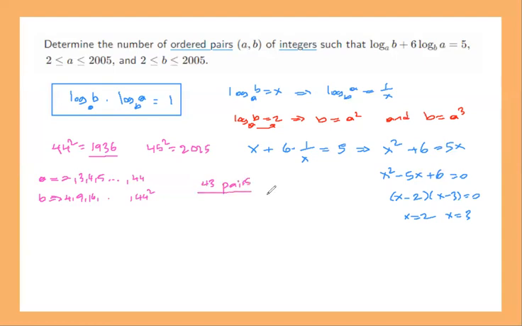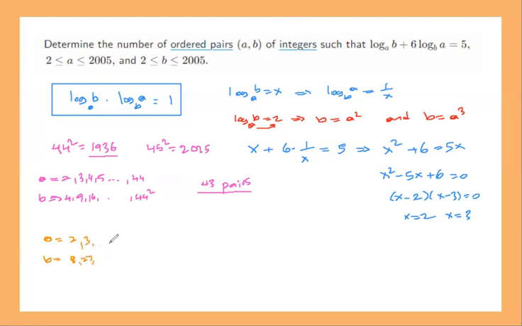The second case is something similar, where B has to be a cube. I can choose those A's and B's. If I choose A as 2, then B will be the cube of this, which is 8. If I choose 3, that will be 27.